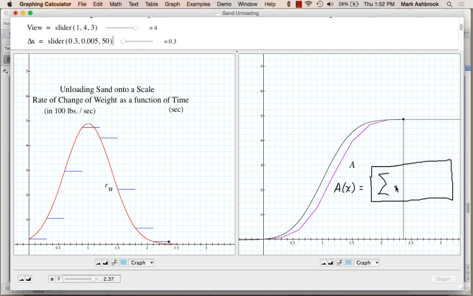Rates were part of it, but we didn't sum up rates. The sum of rates actually doesn't really make sense, unless two people are mowing the same lawn and you're adding the rates together to get the rate at which the lawn's being mowed. That would make sense. But here, adding these different rates together wouldn't make sense. So what is it we're adding together?